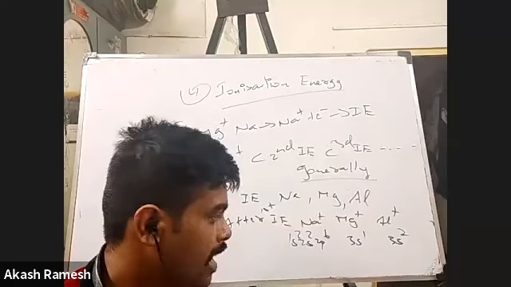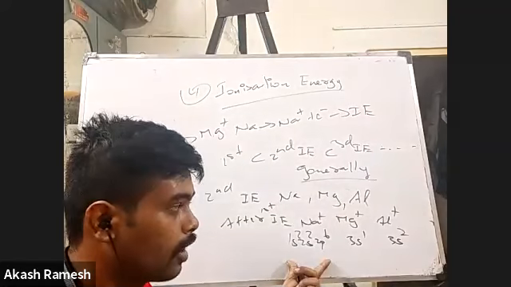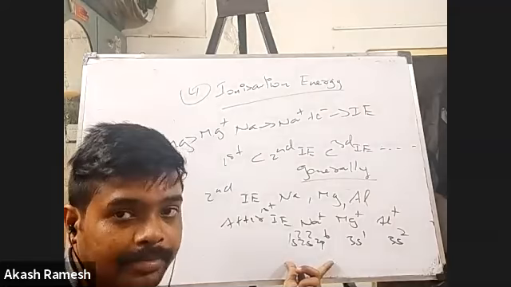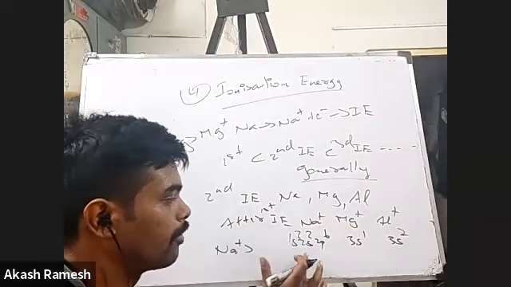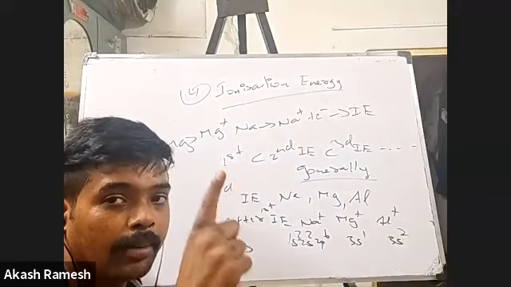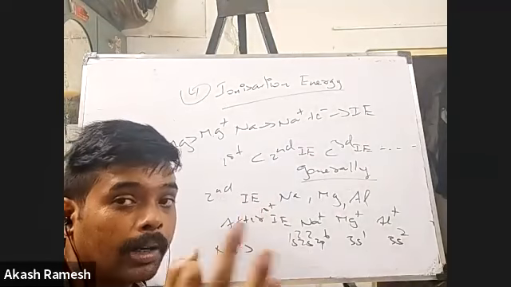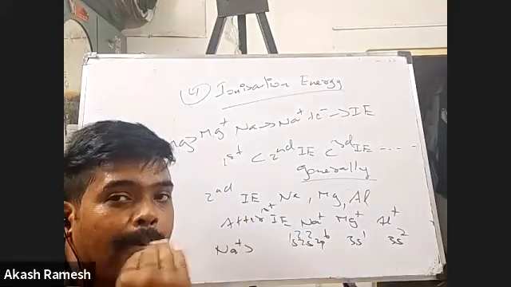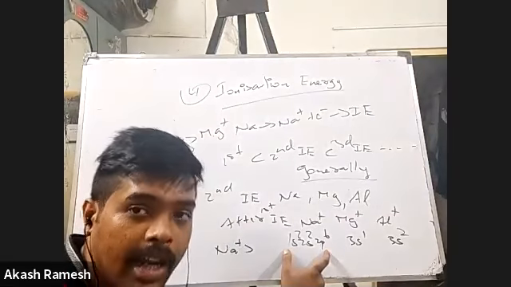Sodium. Exactly, because sodium has attained a fully filled configuration, guys. Look at this. Obviously sodium will have the maximum value, because removal of an electron from Na to form Na+ is very easy, but removal of an electron from Na+ to form Na2+ is very, very difficult, because Na+ has already attained the octet configuration.